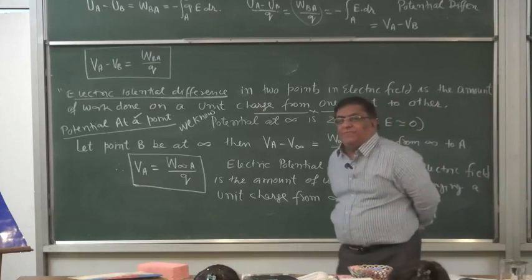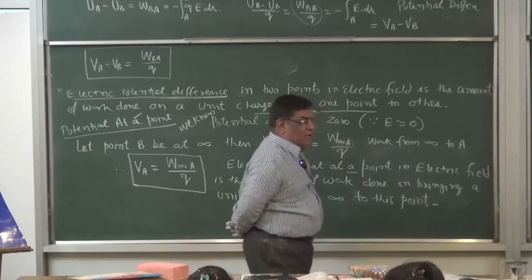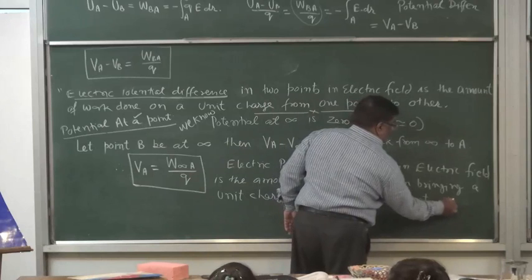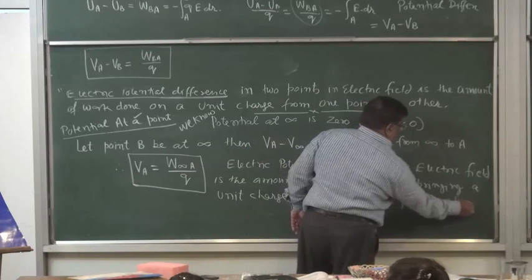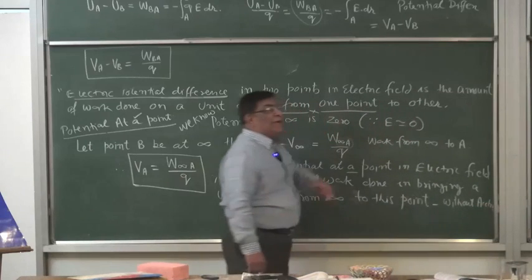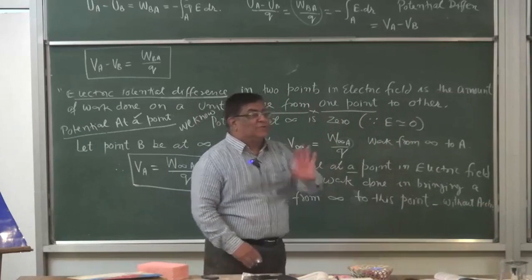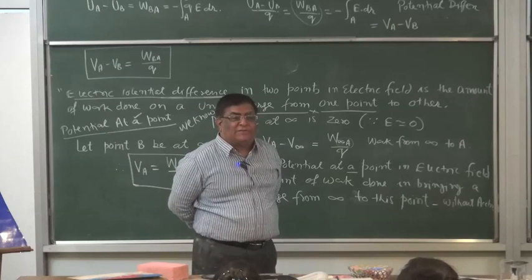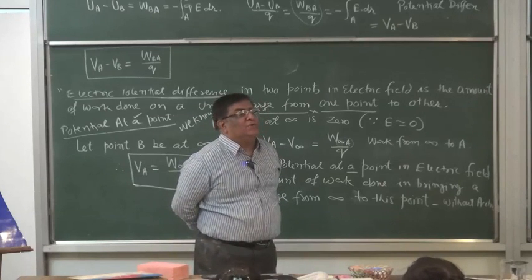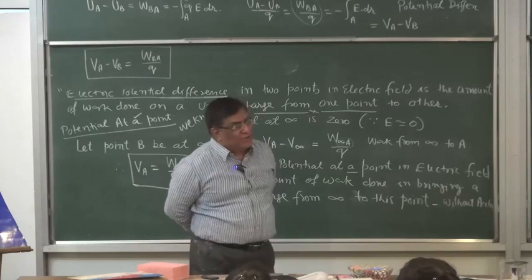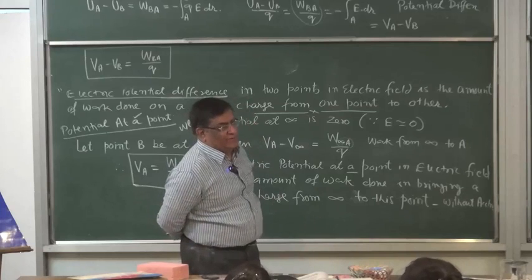So a writer who is very cautious will also write it without acceleration. Otherwise, we may be spending some energy on acceleration, so he says no acceleration. So initial and final velocity is the same, so there is no change in kinetic energy and all the work done is converted into potential energy. This is what we want.